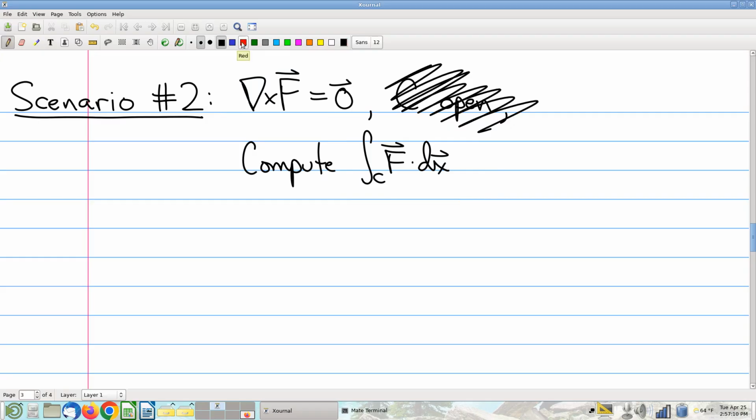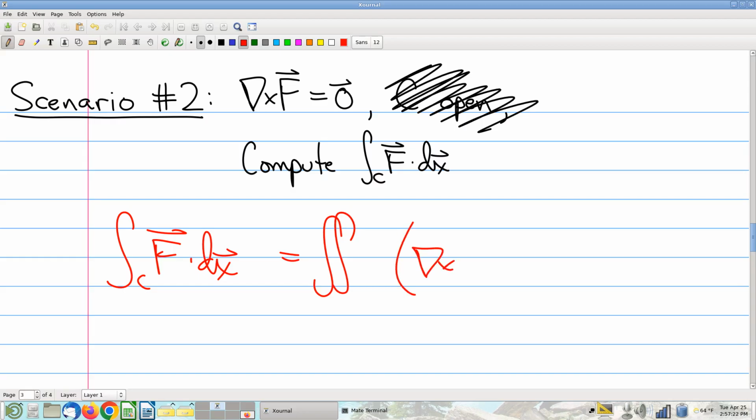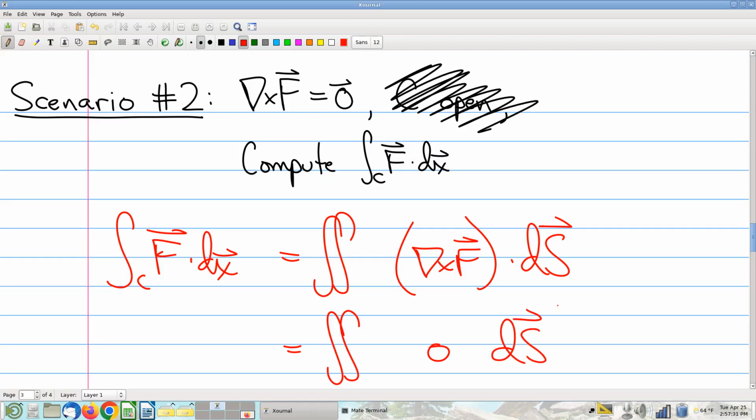And so students will, you can probably see this coming, write, okay, well then the integral over this curve of f dot dx is a flux of that curl. And of course that curl is 0, so we have a flux of 0, which again appears to be 0.